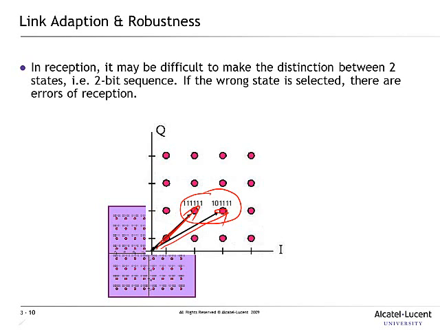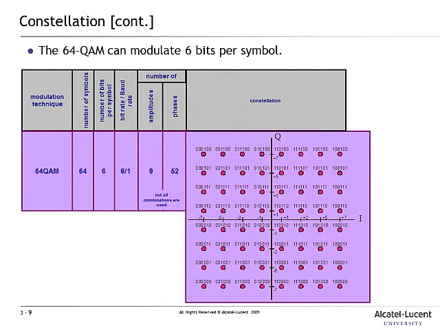Then you have an error, and you can see how many bits will be in error: 1 bit. If you look at the difference between the 2 bit patterns, there's only a single bit difference. So when we design these constellation diagrams, and you can have a look at the previous slide, you can look at most of the adjacent constellations.